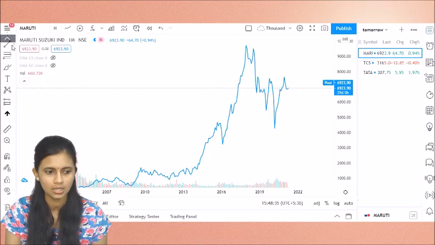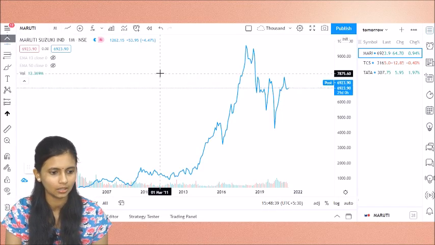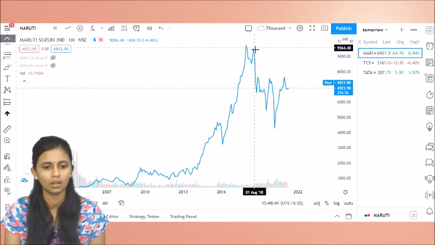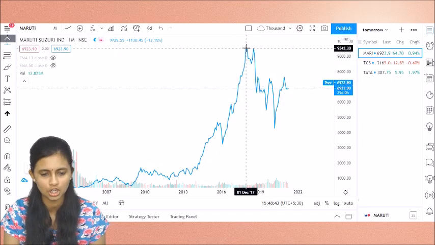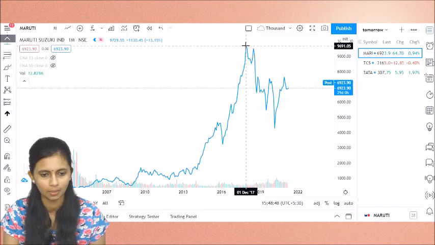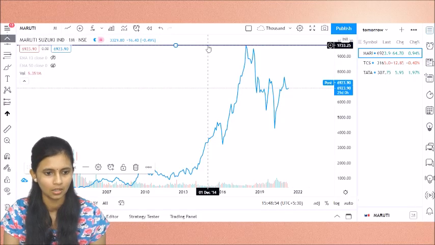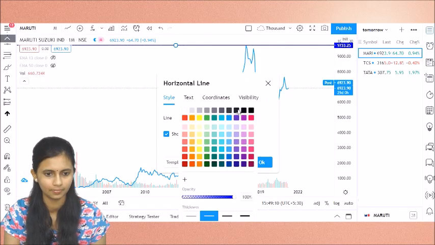Now go to tools over here, select horizontal line, and go on marking these V shapes. Wherever you find V shapes over here, go on placing these horizontal lines. Just touch that point and place it. I'll change the color.